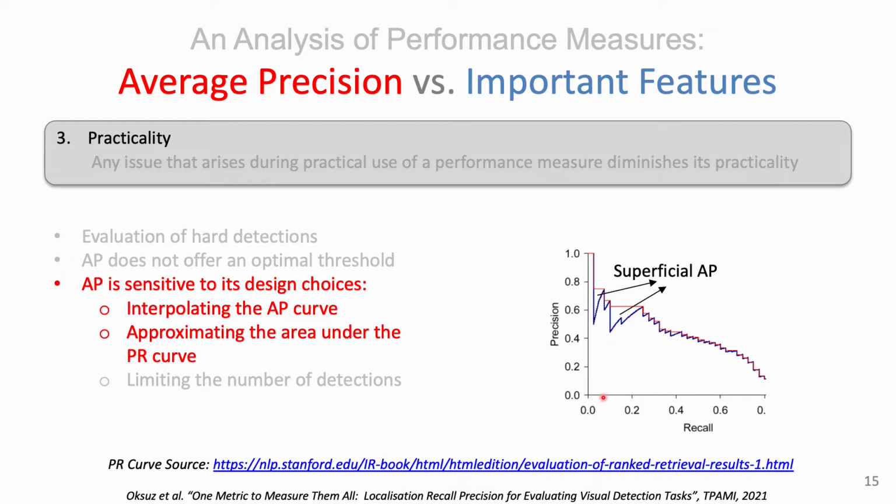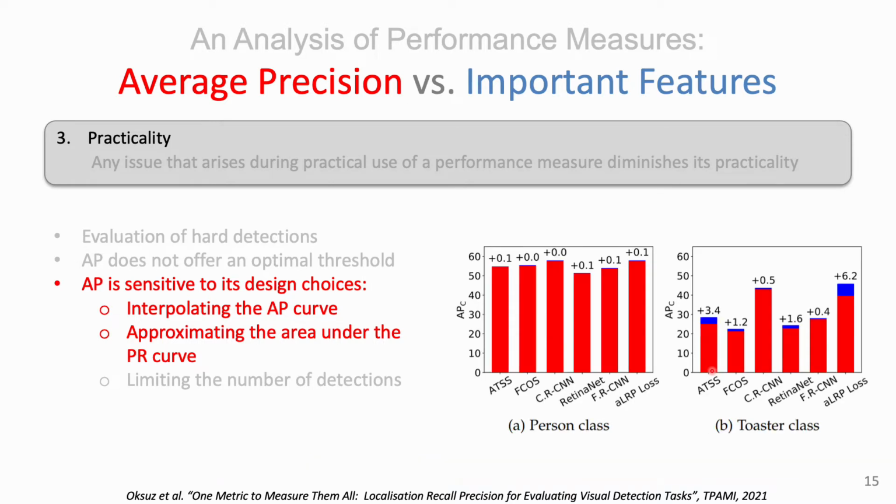Then, at a discrete set of recall values, precision is calculated and averaged in order to approximate the area under the curve. We have shown that these steps significantly affect the calculated AP values for classes with few examples, and therefore the calculated AP values may not reflect the true performance of the detector.